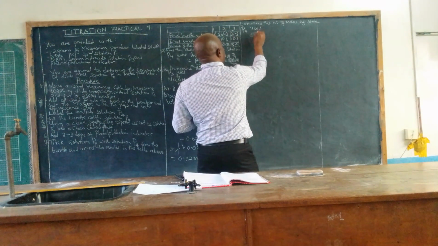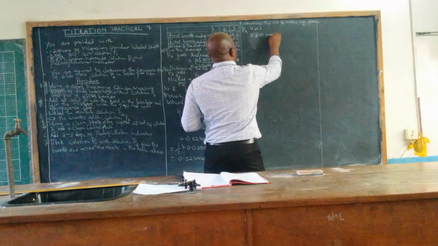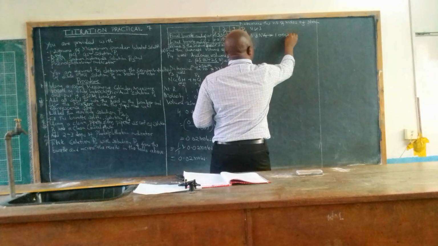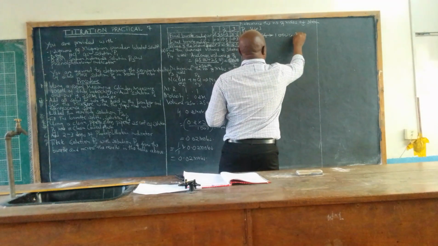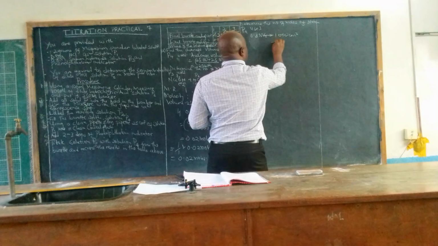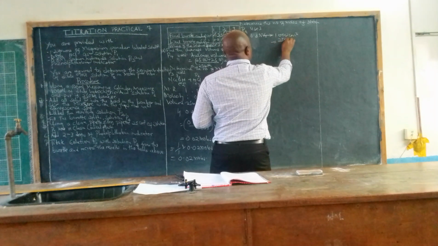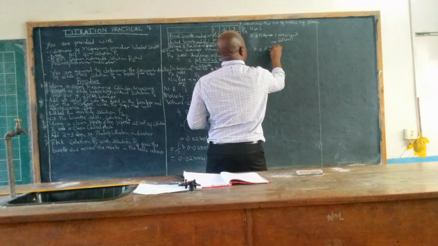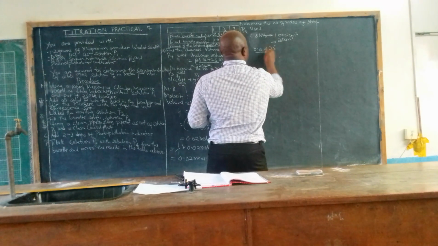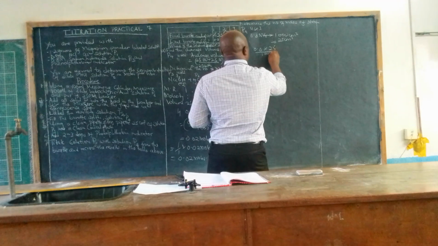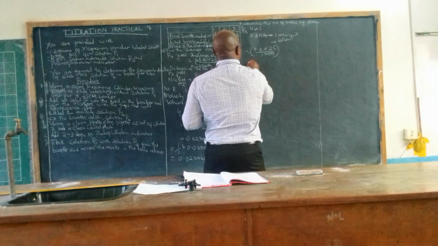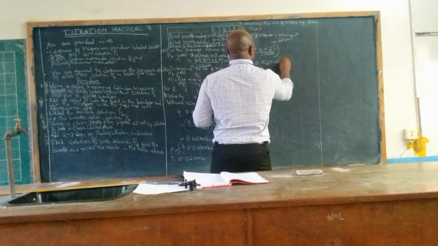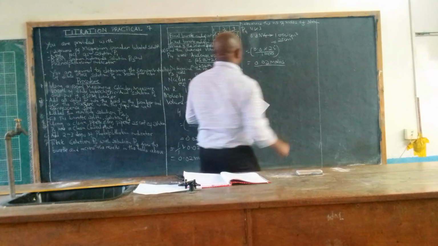We say if 0.8 molar, are in 1,000 cubic centimeters. What about for 25 cubic centimeters? We just put the usual cross multiplying that, and then over 1,000. Then we just get the number of moles, 0.02 moles. If you do your calculations properly, we have answered that.